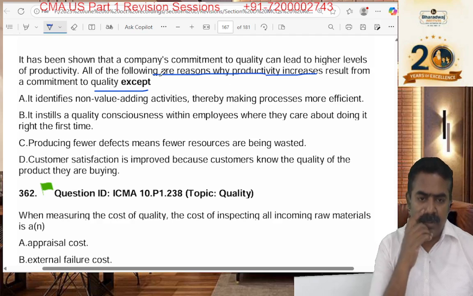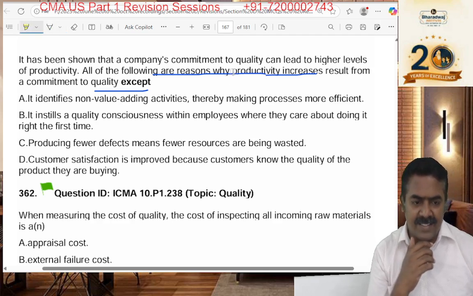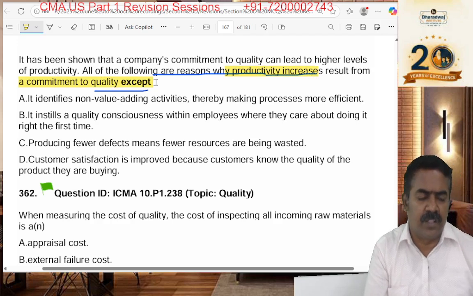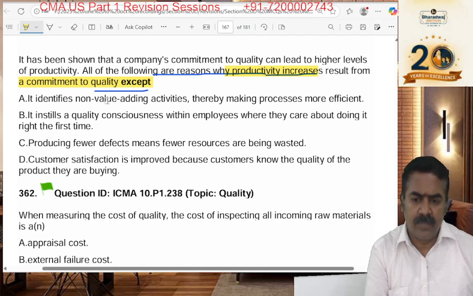Exception category. Why does productivity increase? It results from commitment to quality. Exception means which is not a reason for the productivity increase. Non-value-adding services are removed. Quality consciousness within the employees is instilled. Fewer defects.